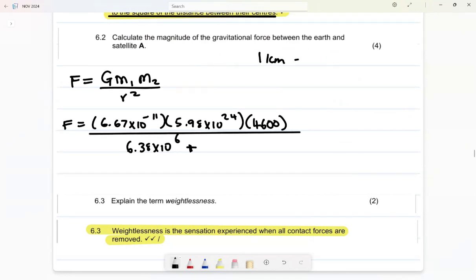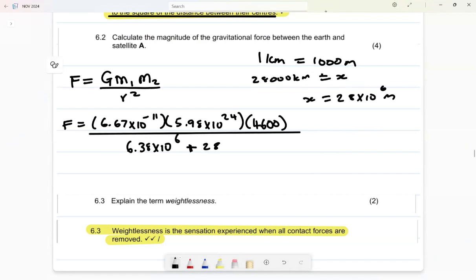In 1 kilometer there are 1,000 meters. Now we have 28,000 kilometers, and we want to know how many x meters we have. So it's x multiplied by 1, it is x, and 28,000 multiplied by 1,000 is equal to 28 times 10 to the power of 6 meters.